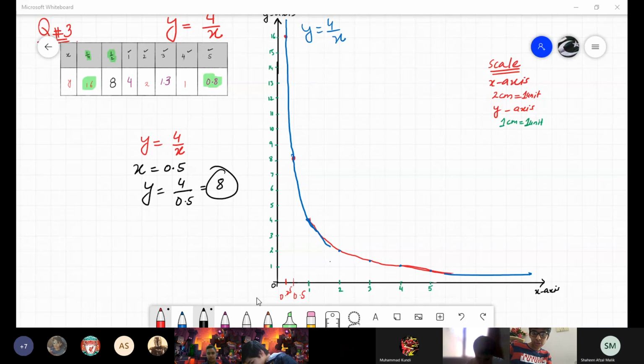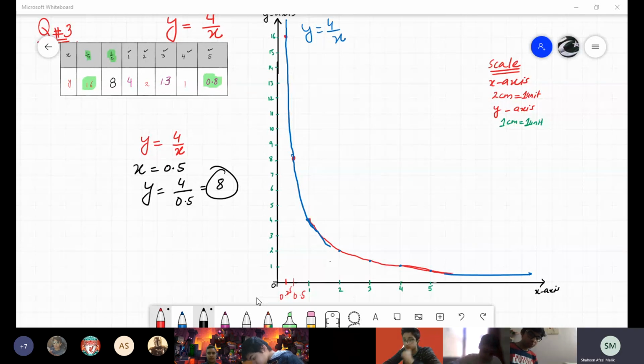Ahmed Alam, can you see something now? Yes, my camera is on. Ahmed Alam's is on. Whose camera is not on? Ahmed Nawaz. Where is Ahmed Nawaz? Mohammed Kundi was there before, but they turned off.